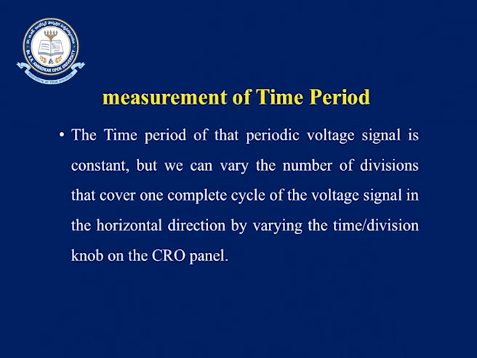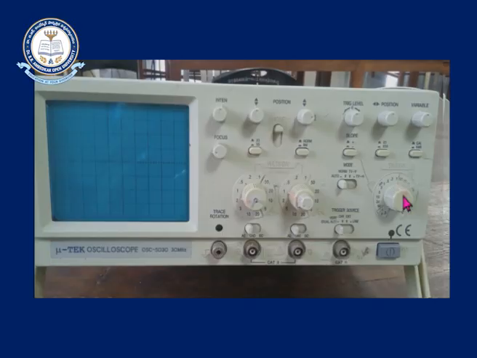The horizontal direction of the signal varies with the time per division knob on the CRO panel. For example, on this CRO, this is the time per division knob. You change this knob, and you observe a wave. From this point to this point, with time per division, is the time period.